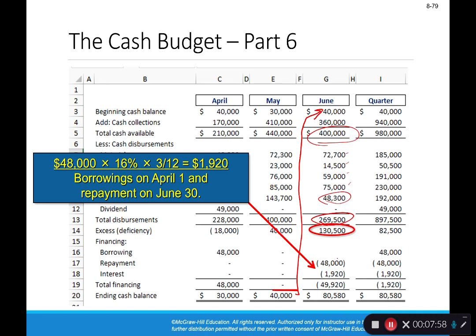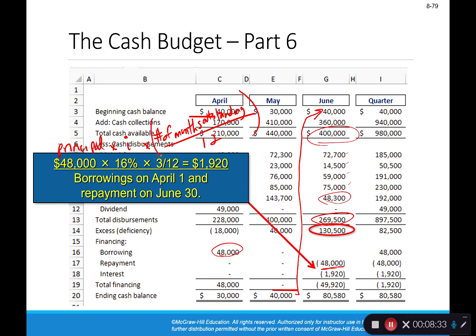Now it's saying we're going to pay back our loan. Our loan was 48,000, so we're going to pay back the entire 48,000, and then we have to pay interest. So our interest is the principal of the loan. You have to remember this formula from 503: times the interest rate times the number of months outstanding, divided by 12.